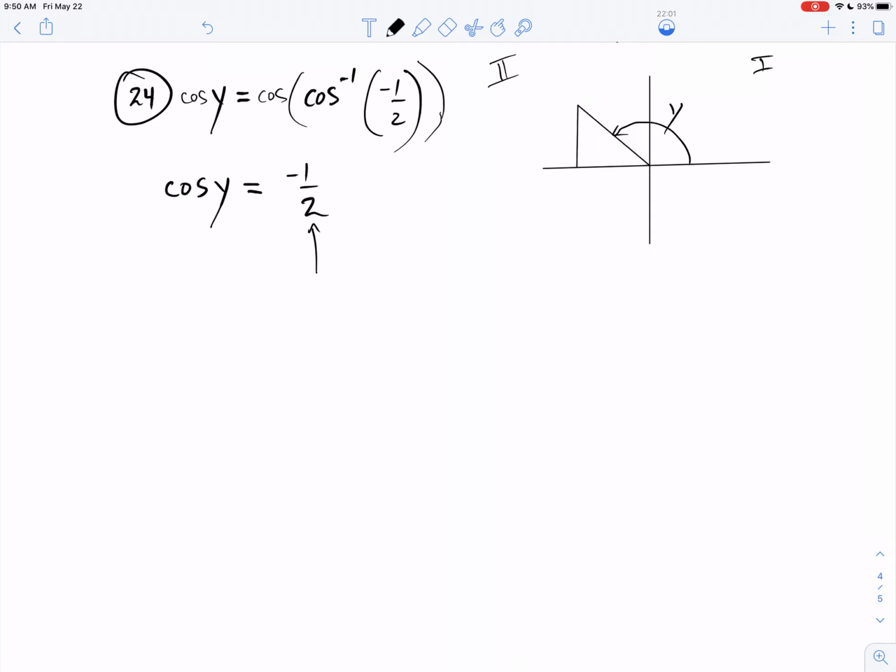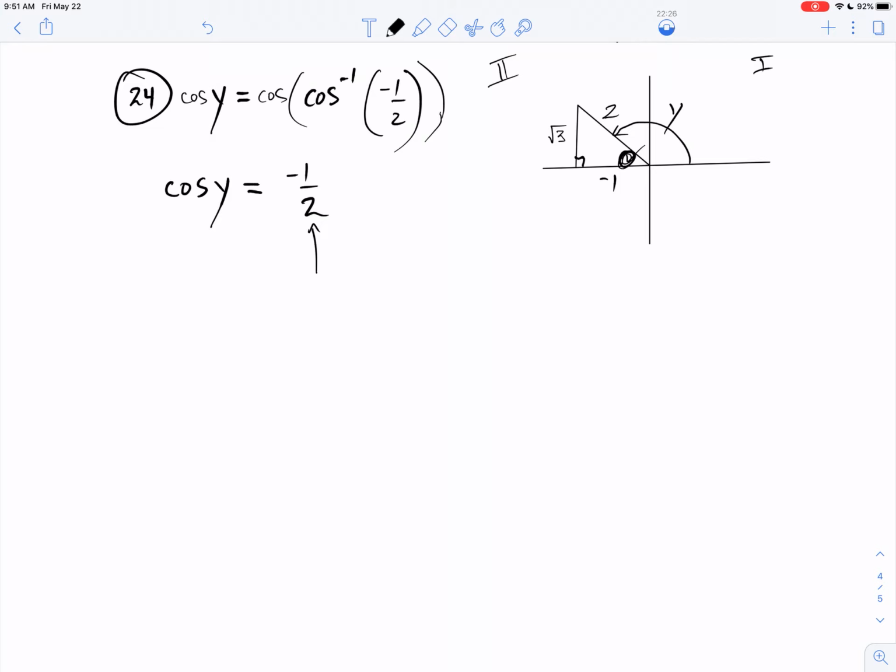I can make a right triangle out of it, and I would say use this as a reference angle. And we're going to say adjacent over hypotenuse. And then I go, oh, that's looking familiar. That would make that a rad 3. So this angle that we're using to refer to must be a 60-degree angle.